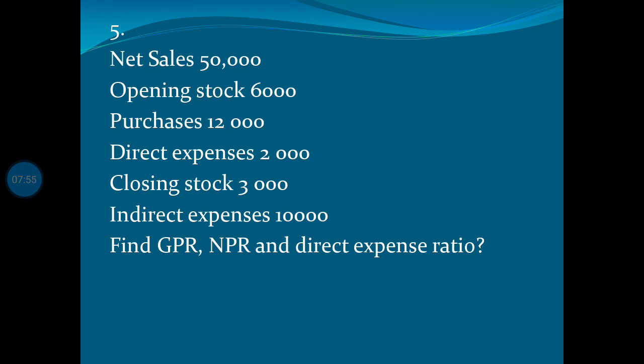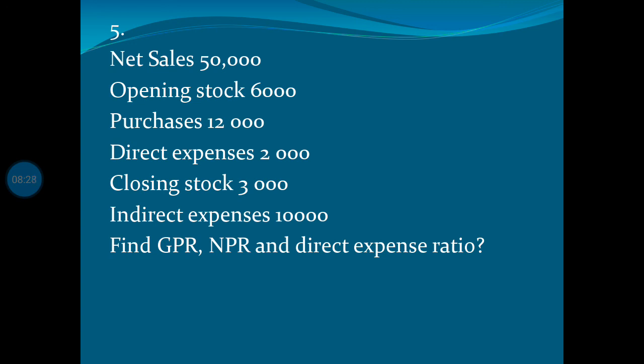There is one more question. Net sales amount 50,000. Then opening stock is given, purchase is given, direct expense is given, closing stock is given, and also indirect expenses are given. Calculate gross profit ratio, net profit ratio, and direct expenses ratio. How to calculate? Gross profit is net sales minus cost of goods sold. Cost of goods sold is equal to opening stock plus purchase plus direct expense minus closing stock.